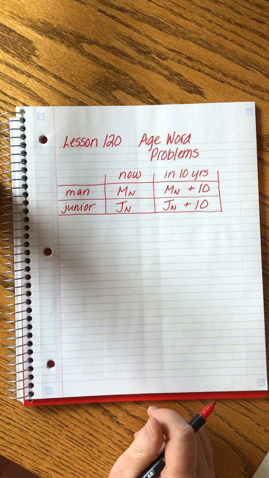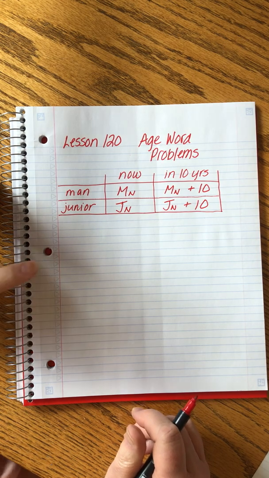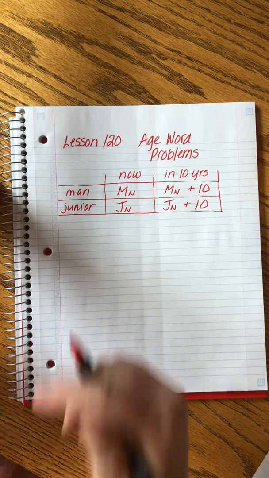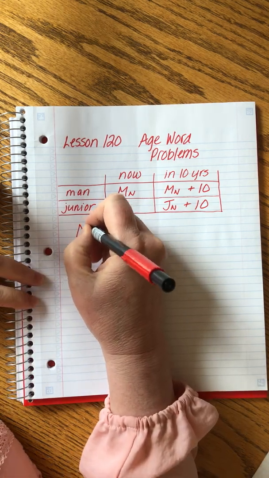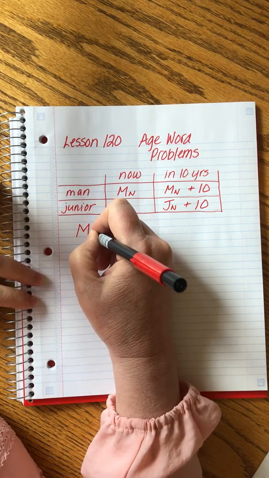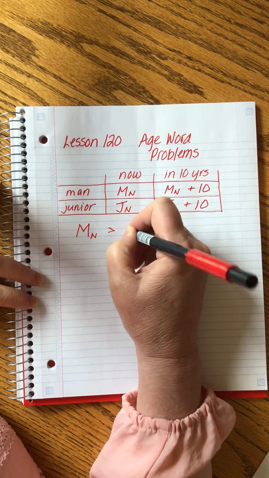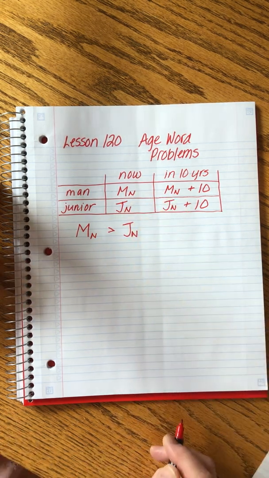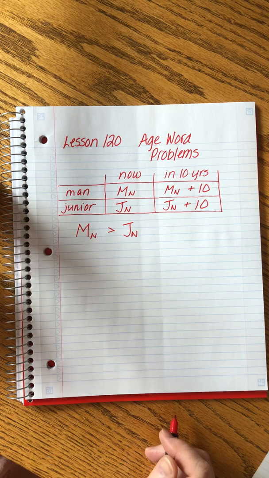It says that the man is 13 times as old as his son. That implies now. So again, let's write an inequality. The man now is older than his son. Well, that makes sense, doesn't it? And how much older is he? 13 times older.